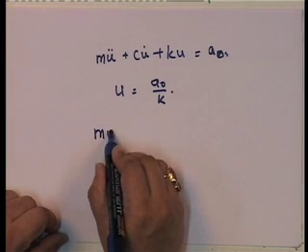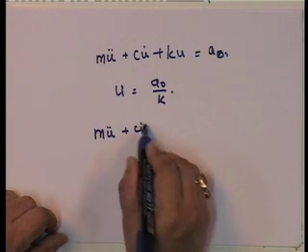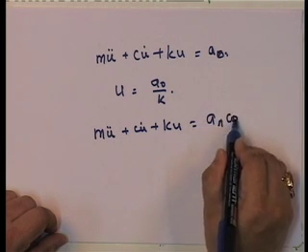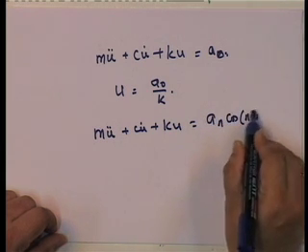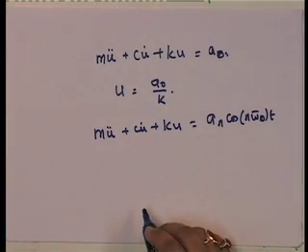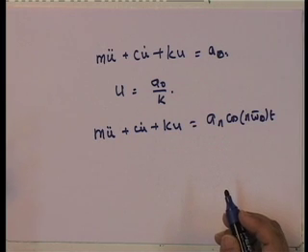Similarly, M u double dot plus C u dot plus K u is equal to A n cosine n omega 0 t. What is the solution to this? I know the solution to this, don't I?